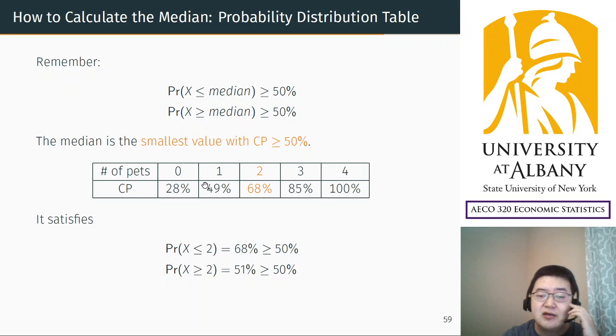You may think the median is the 50% point. That is right, the median is related to 50%, but it's not the value closest to 50%. It has to satisfy at least 50%. That's the main difference. Even if 68 is farther from 50 than 49, you still have to take this, because it satisfies the mathematical condition. That's important.